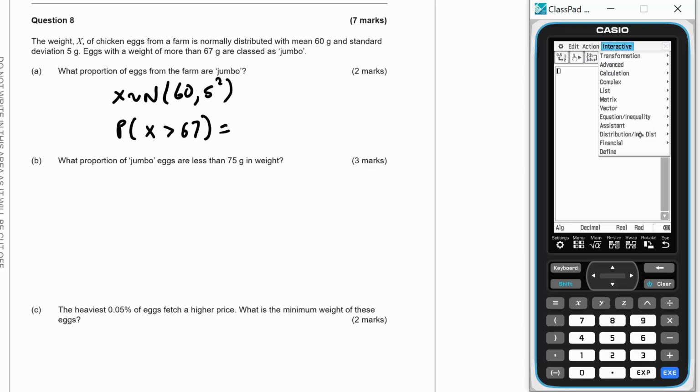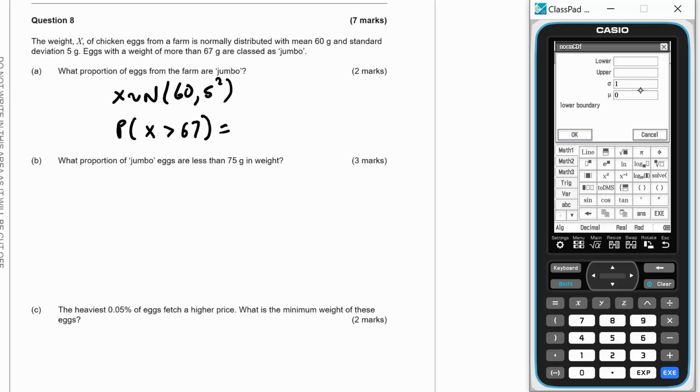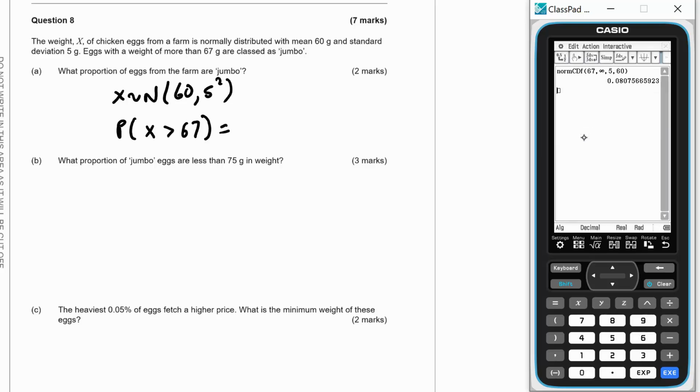So let's go to the normal distribution and we want the normal CDF. We want to go from 67 upwards, so 67 to infinity, with the standard deviation as 5 and the mean as 60, and that gives me 0.0808.